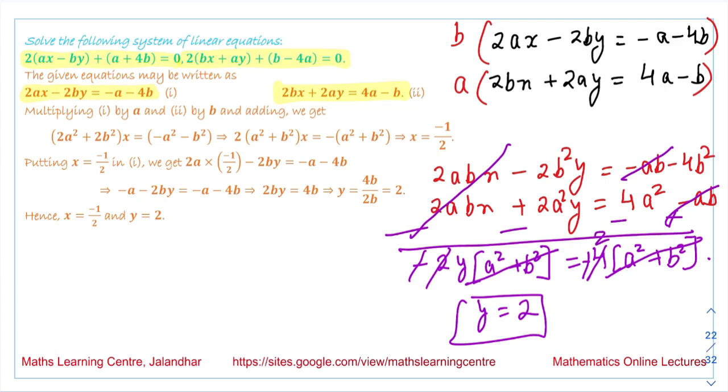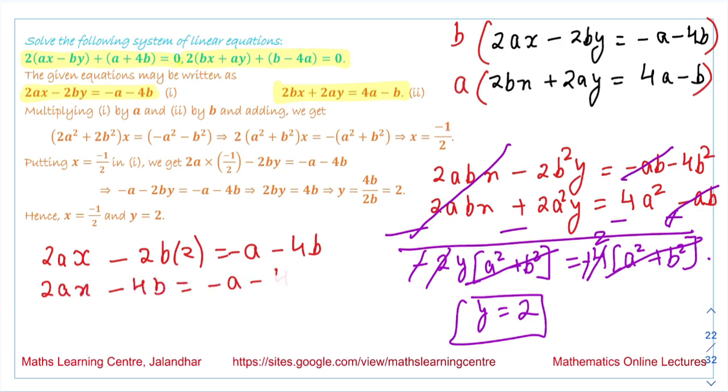Now if we substitute this value of y in one of these equations, say the first, 2ax minus 2b into 2 is equal to minus a minus 4b. So it is 2ax minus 4b is equal to minus a minus 4b. These two terms get cancelled. So we are left with 2ax is equal to minus a.